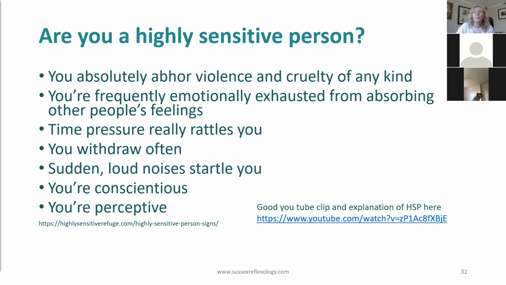And these people process things much, much more deeply than others. The research looking into it thinks that it stems from a difference in the way that their brains and their nervous systems respond. They seem to be wired to notice and interpret other people's feelings and emotions.